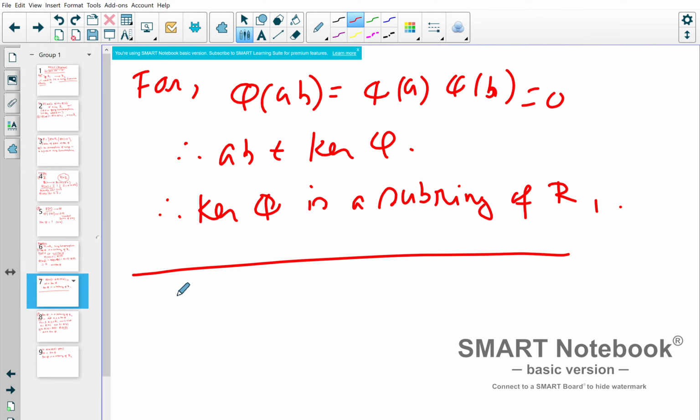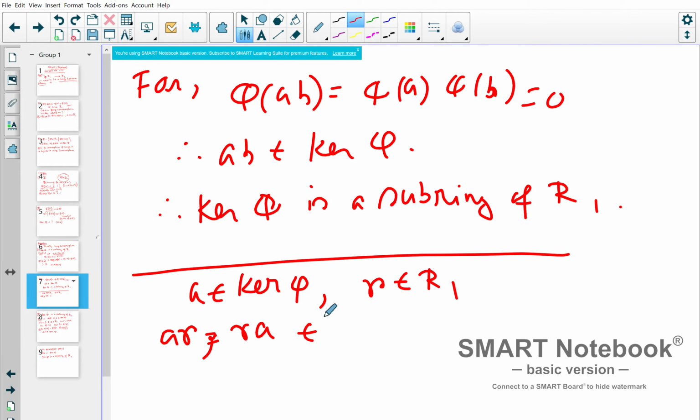If you take any element from the kernel, say a, suppose a belongs to the kernel of phi, and you choose any arbitrary element r in R1, then a times r or r times a, doesn't matter, are actually elements of this kernel, the kernel of phi.